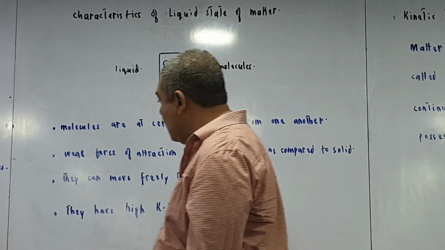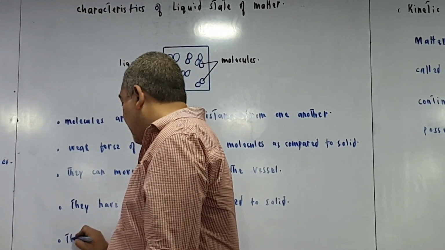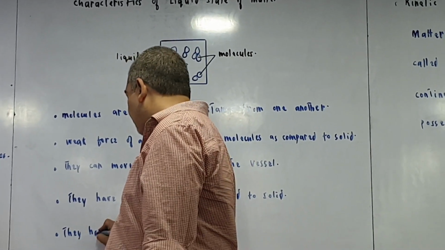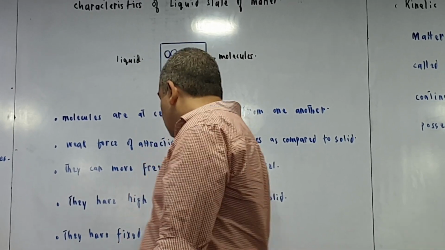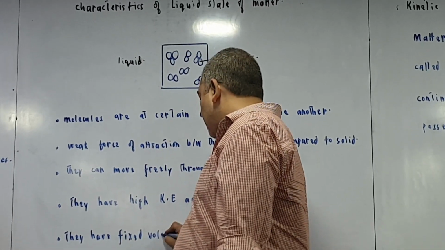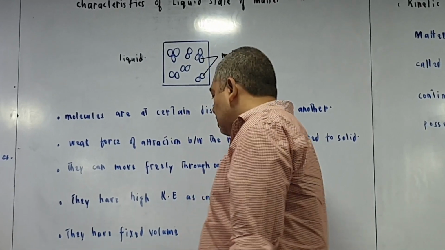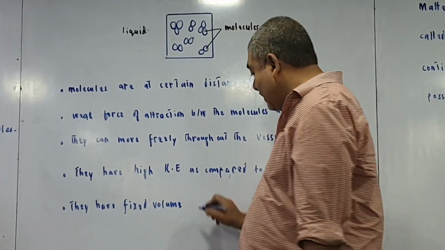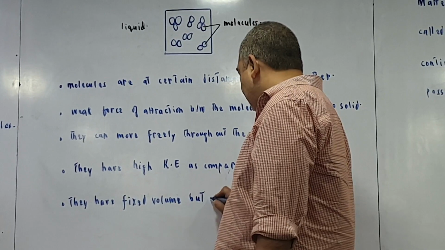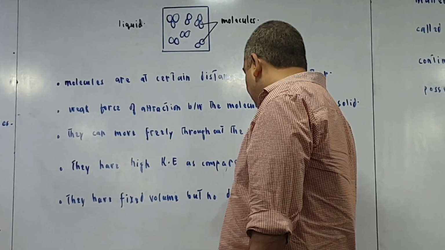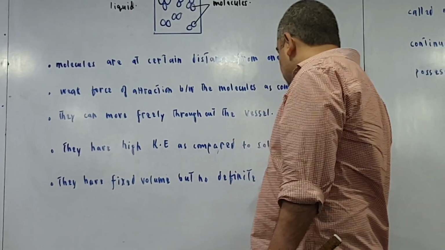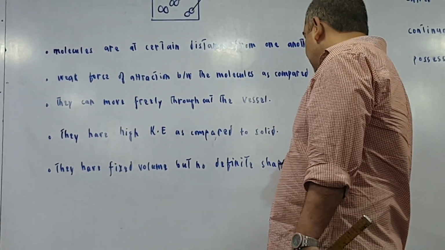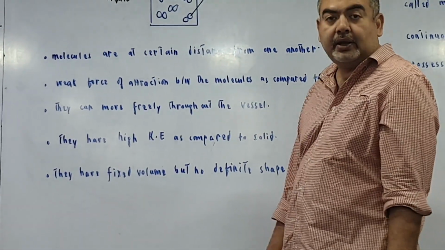And last but not the least, they have fixed volumes. इनकी volumes fixed है, but no definite shape. इनकी shape definite नहीं है.